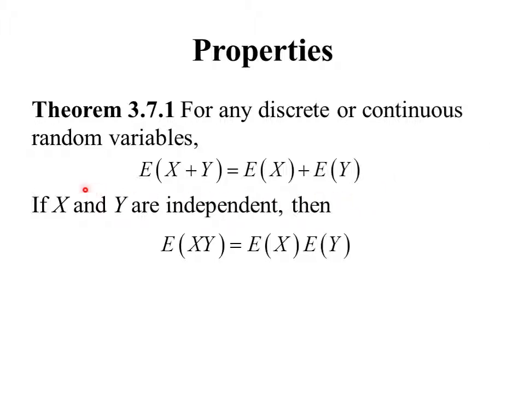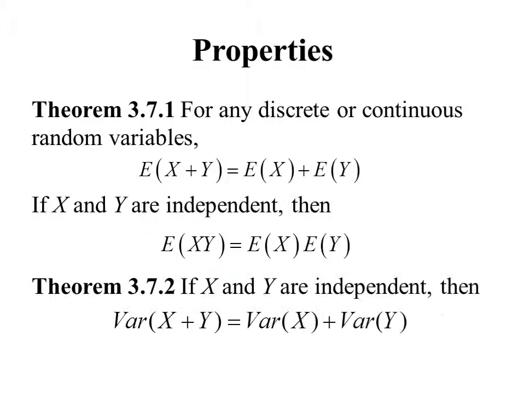And then the second part says that if x and y are independent, then the expected value of the product is equal to the product of the expected values. Now this second part only applies to independent random variables. The first part applies to any type of random variables. Independence is not needed.